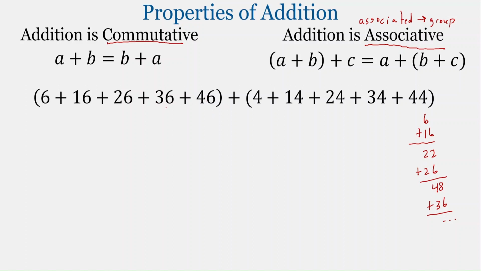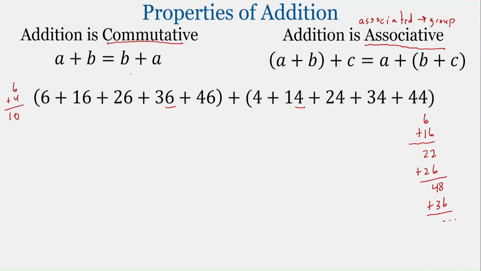Well, I notice a lot of our numbers are ending with 6 and ending with 4. And 6 plus 4 is 10. So we can create some multiples of 10. 6 plus 4 is 10. 16 plus 14, well, that's going to give us 30. 26 plus 24, that's going to give us 50.